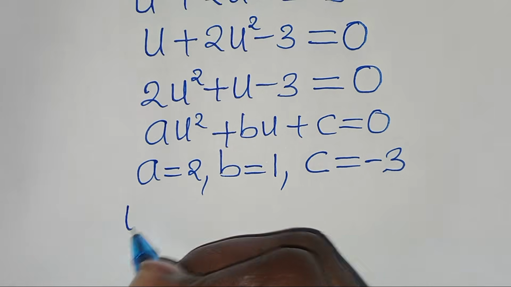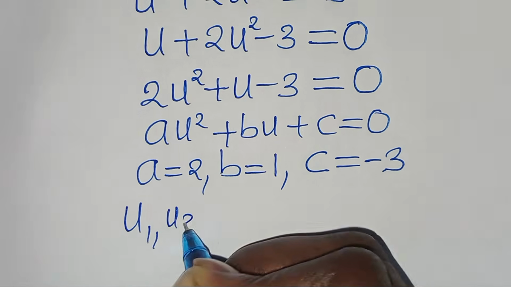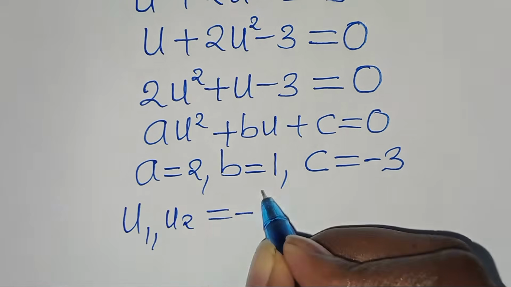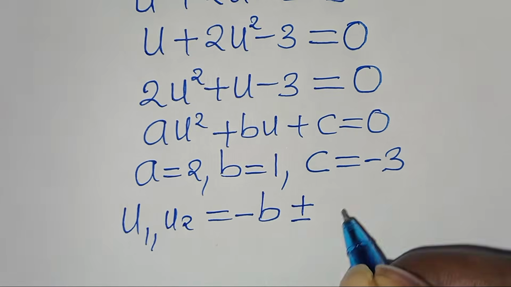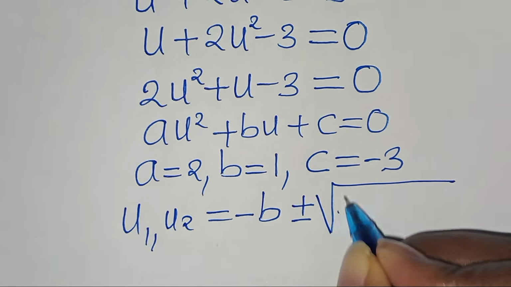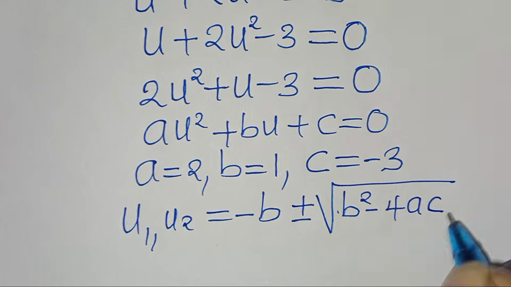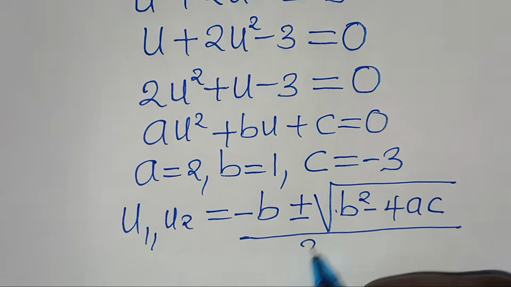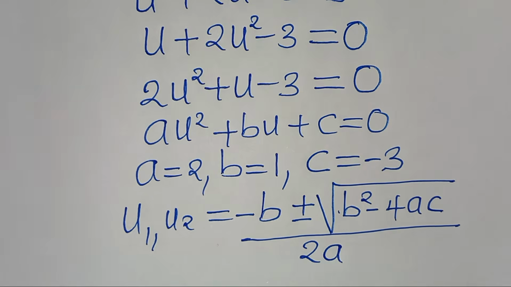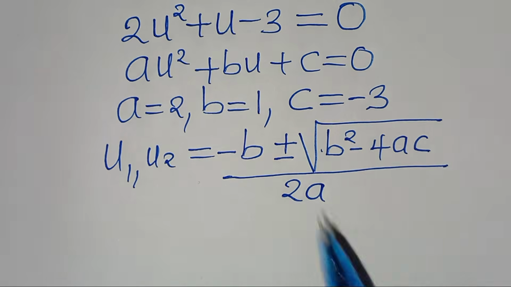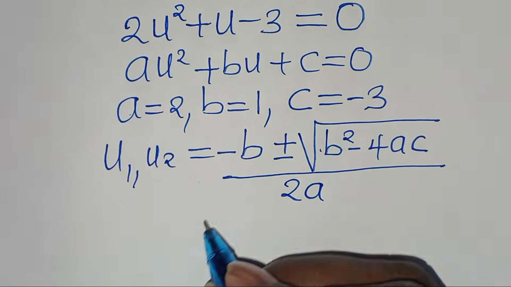Now to solve for u1 and u2, we apply the quadratic formula: minus b plus or minus the square root of b squared minus 4ac, everything divided by 2 times a. So let's substitute the values of a, b, and c.